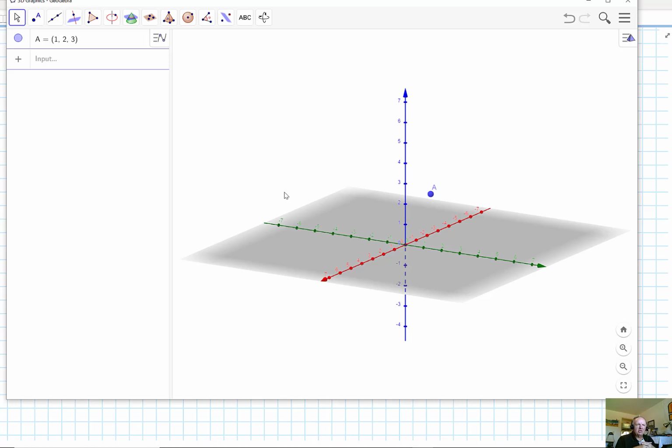When we say something is a vector quantity, what that means is not only do we care about its magnitude, how big it is, how hard the wind is blowing, but we care about the direction the wind is blowing. So a vector quantity is a quantity that has both specific direction and specific magnitude.